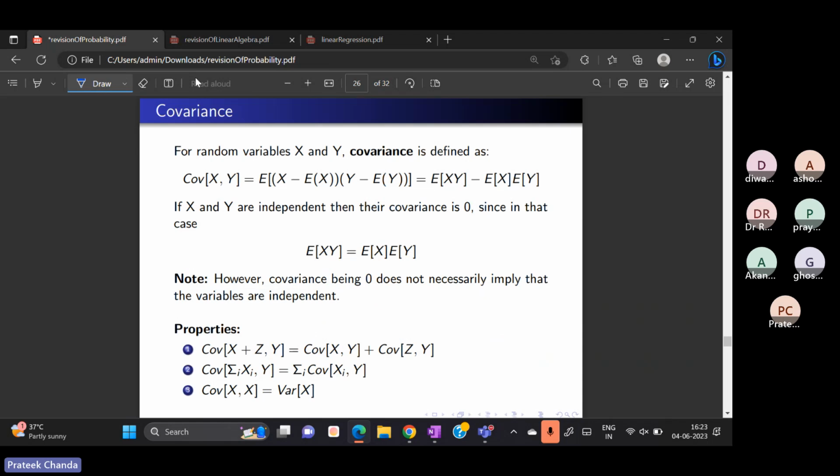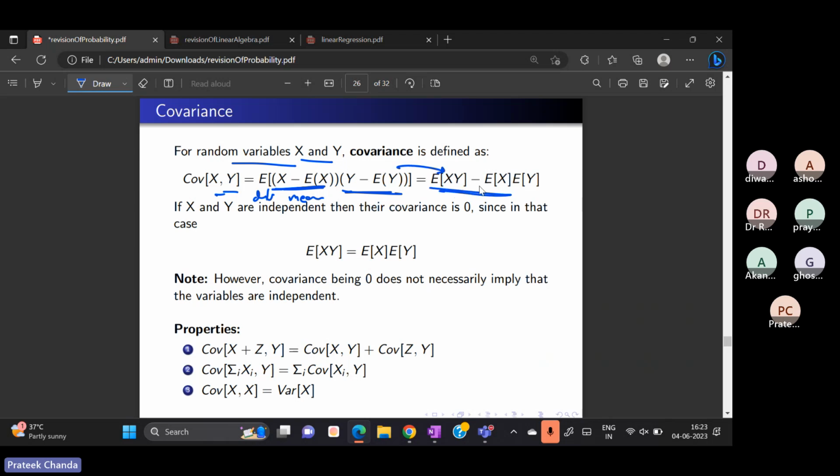And so now we would go to the notion of covariance. What covariance means? Let's say again we have two random variables x and y, and covariance of x comma y is basically the deviation from mean for random variable x with the corresponding deviation from mean for random variable y. And again, if you expand this, you can get something like this expression.